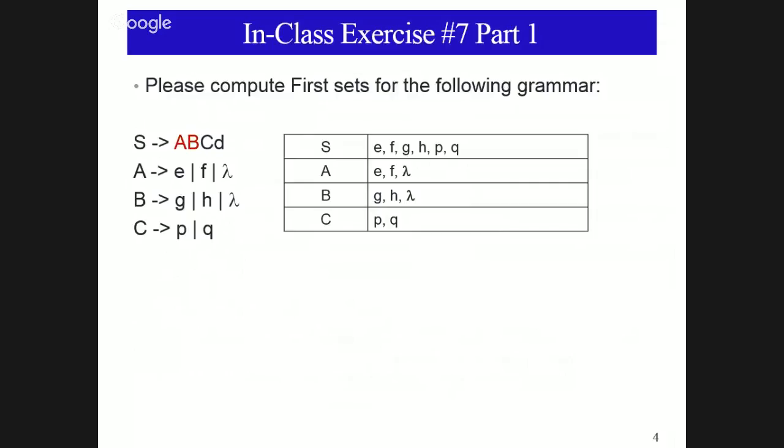So it's going to stop at C. It will never start with a D because C has to exist. So big A's first set, EF, no lambda. Big B's first set, GH, no lambda. Big C's first set, PQ, no lambda. That's it. We don't go all the way to the D because C is stopped. So that's the last column we're going to consider as the first set.